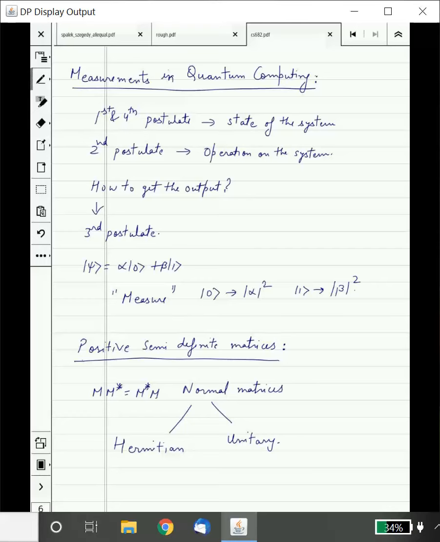In the case of Hermitian matrices, we saw these matrices were the ones such that M was equal to M star, or another way to say it was that all eigenvalues were real. A natural restriction of these eigenvalues would be when all eigenvalues are positive.